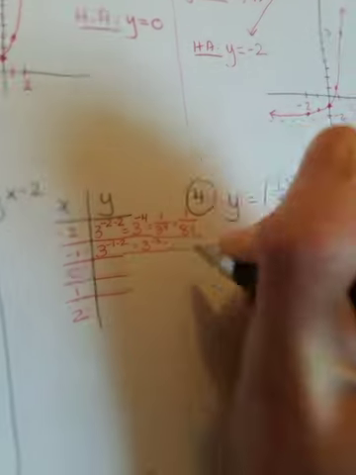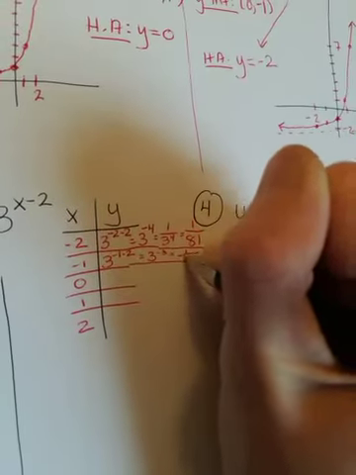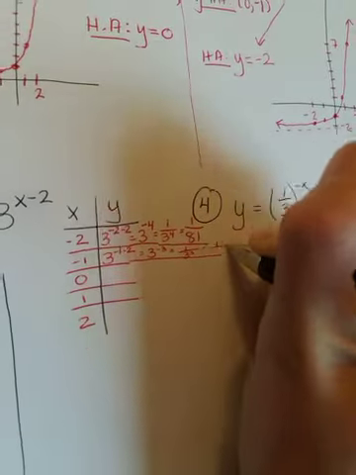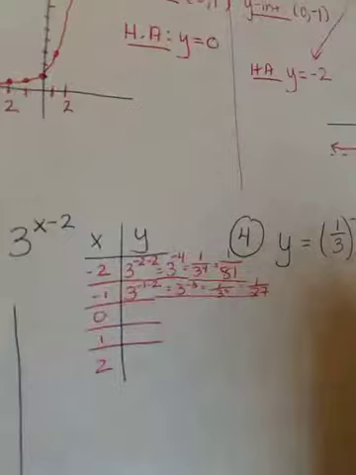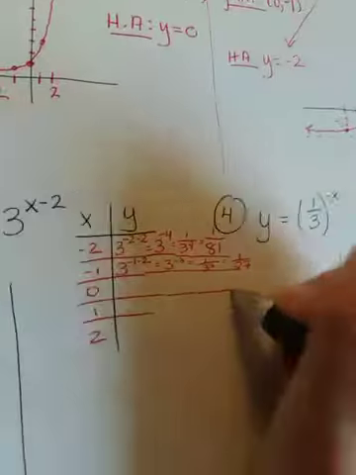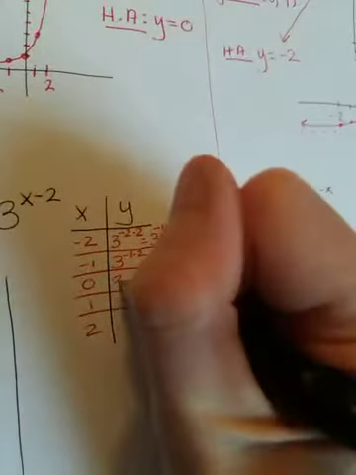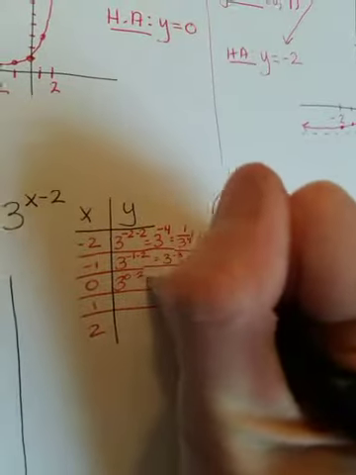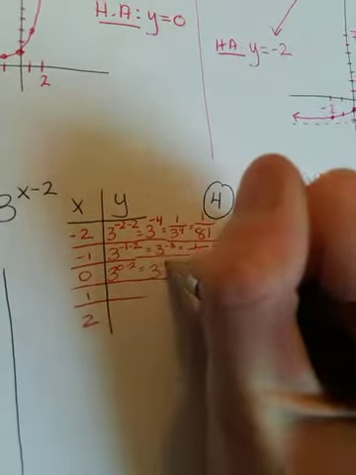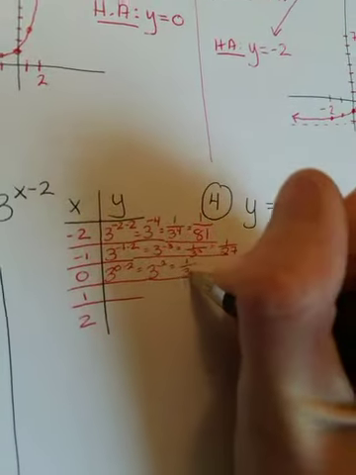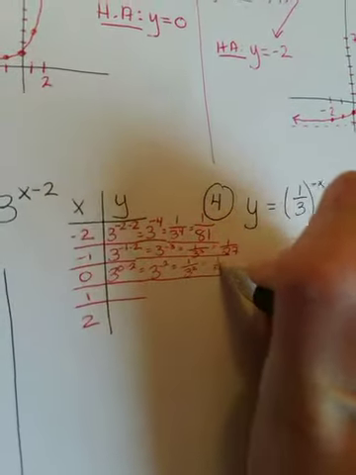Next we have 3 to the negative 1 minus 2. That's 3 to the negative 3, which is 1 over 3 cubed, which is 1 over 27. 3 to the 0 minus 2, which is 3 to the negative 2, which is 1 over 3 squared, which is 1/9.